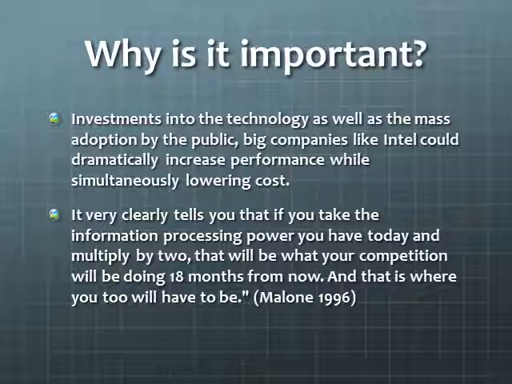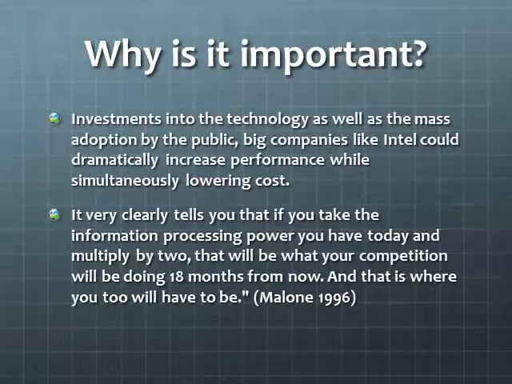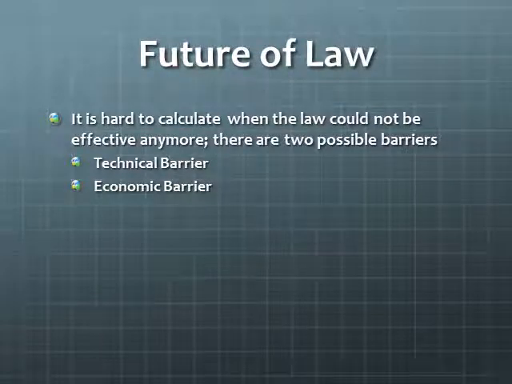Now let's move on to the future of the law. Some people say that the future of the law is close to an end, but it is very hard to calculate an exact date when it will be reached, because we can reach a technical barrier as well as an economic barrier.